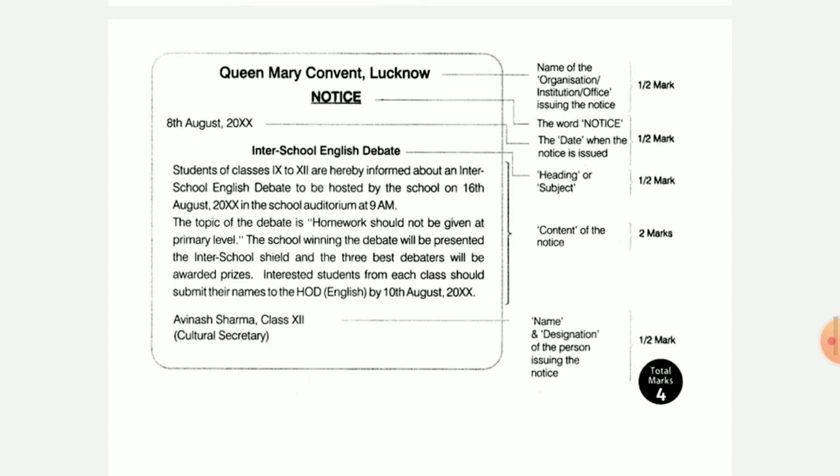So those who are interested can give their names to the head of the department of English in the school faculty. And finally, Avinash Sharma, class 12, cultural secretary, that is the designation that you have to mention, and that is mentioned in the next line only. And if you wish, you can keep it within a bracket.